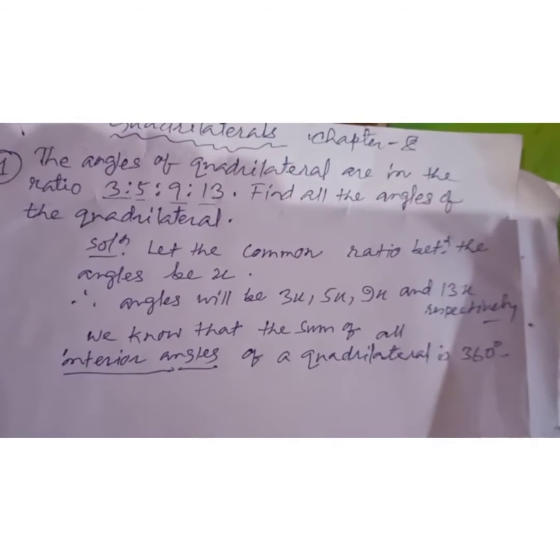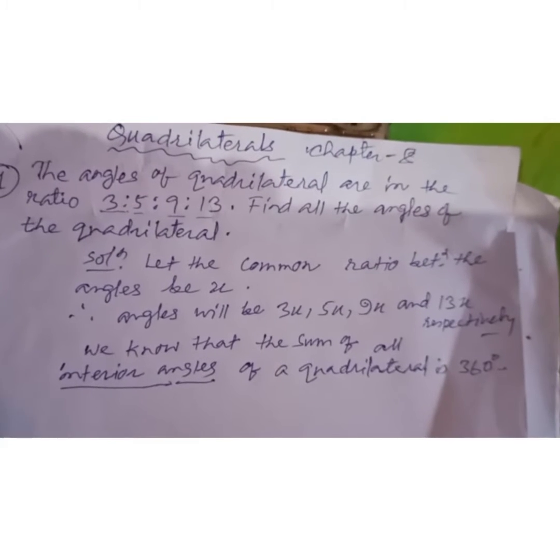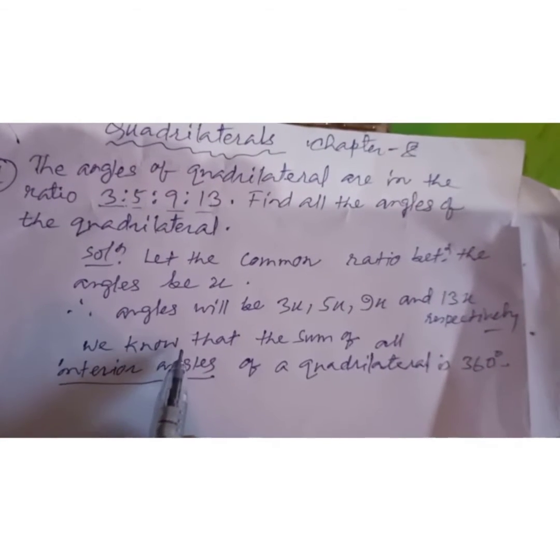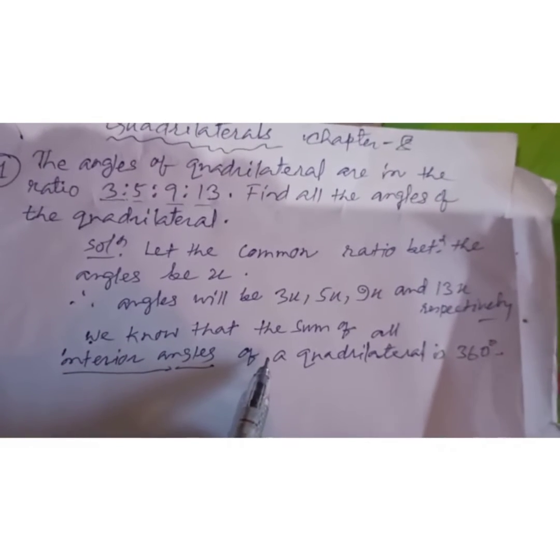That means 90 plus 90 plus 90 plus 90. Yes, it is very easy for you all. This property you must remember, otherwise you cannot solve these types of problems.